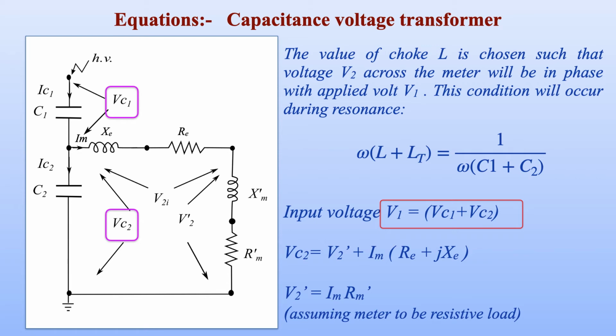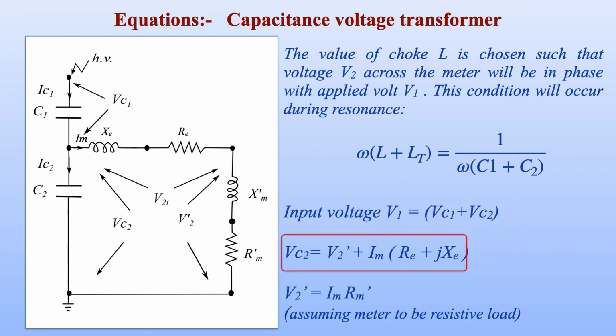Further, the voltage across capacitor C2 can be broken into voltage V2 dash, the voltage referred to the primary side of the matching transformer, which is the voltage being measured by the meter, plus the voltage drop across the transformer winding and the inductance, represented as Im multiplied by Re plus Xc.